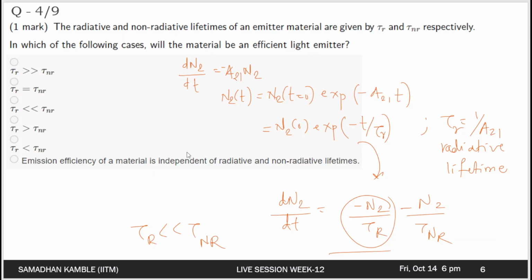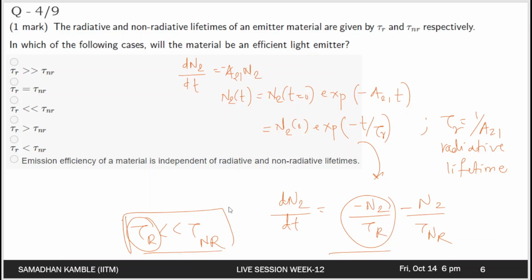So these two processes again are competing with each other. If the non-radiative lifetime is larger, then before it decays non-radiatively, the radiative lifetime, being smaller, favors the emission of a photon instead of a phonon.